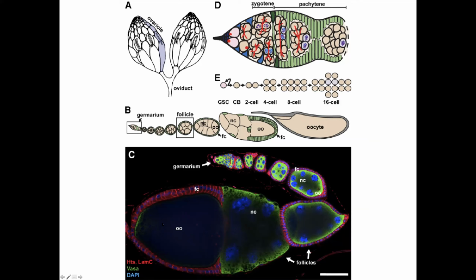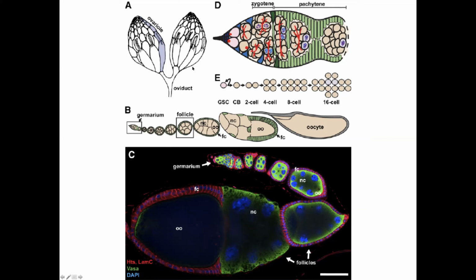Anyways, at the tip is a germline stem cell, and this germline stem cell is a multipotent stem cell. This is a fantastic model in Drosophila to understand stem cell development, maintenance, and differentiation. So Drosophila germline development is often utilized for understanding stem cell development.